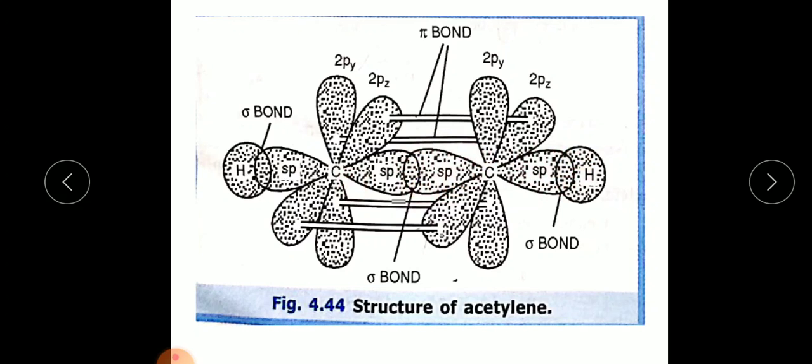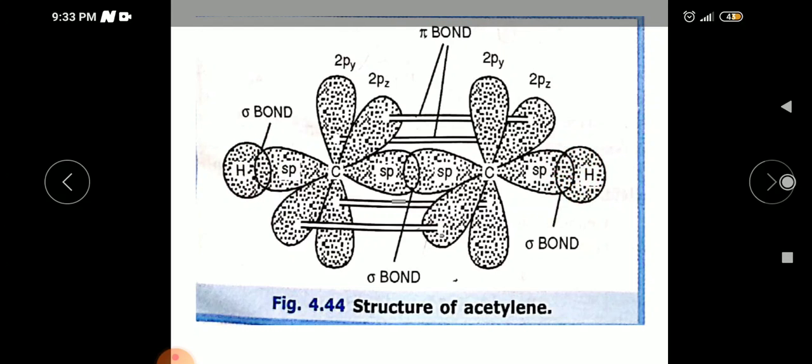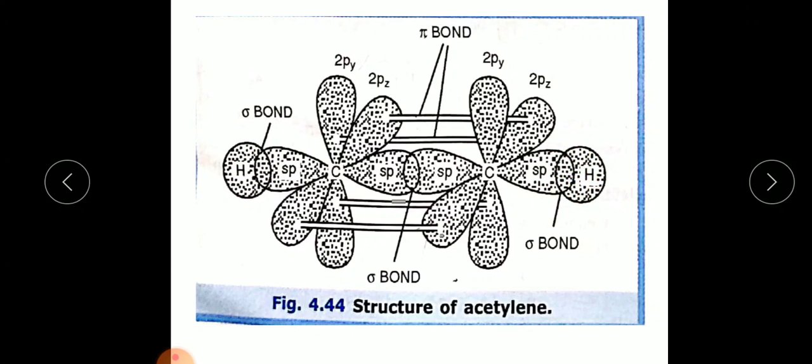In acetylene we have two hydrogen atoms, so each hydrogen atom will overlap with an sp hybrid orbital, and they will form a sigma bond.